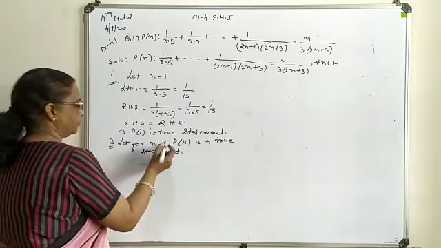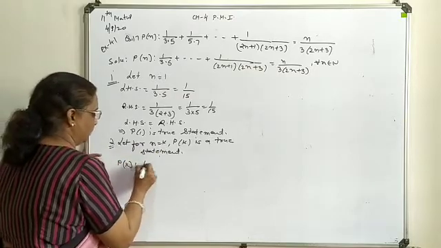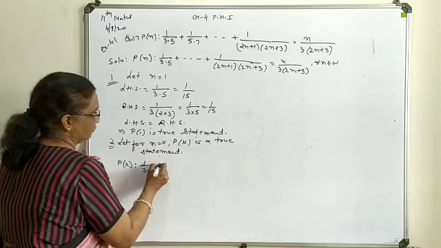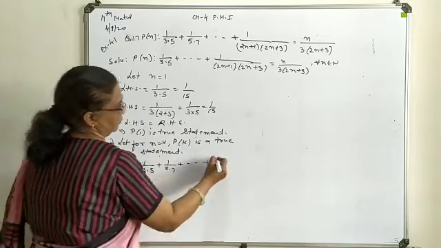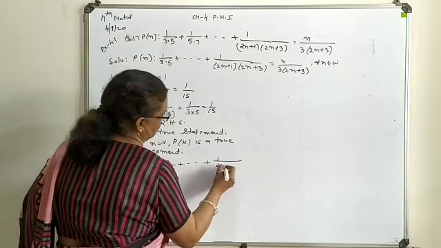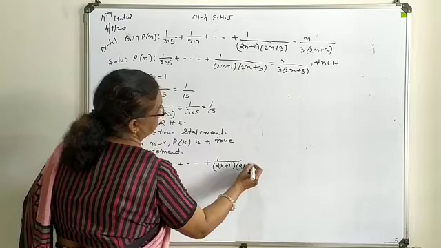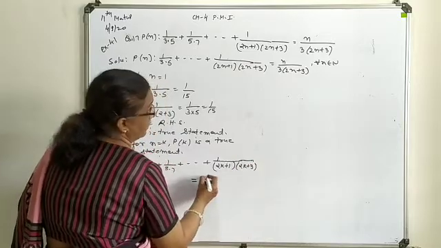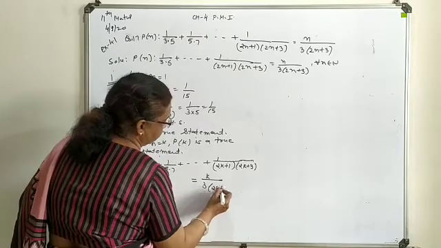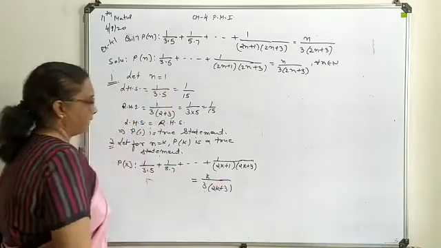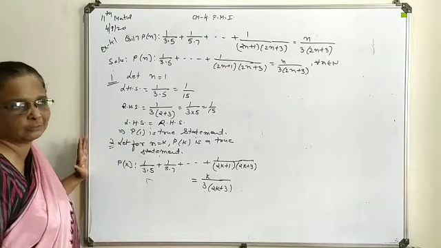So here pk you will write it as that is same as k upon 3 2k plus 3. Now obviously we will move towards the k plus 1 verification.